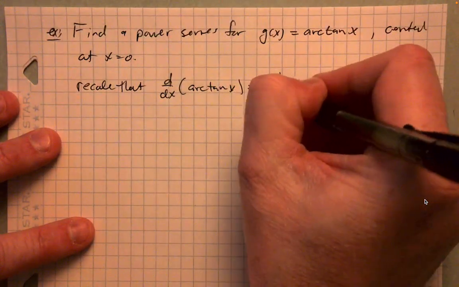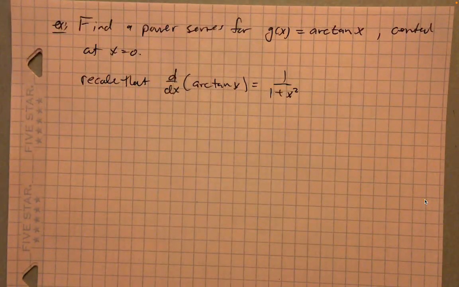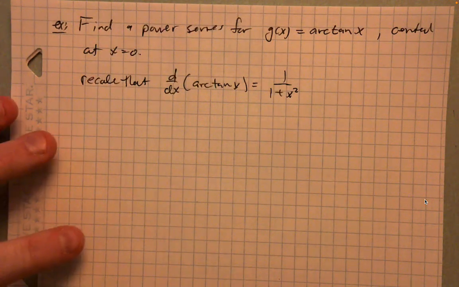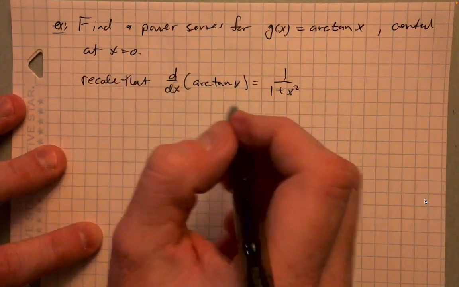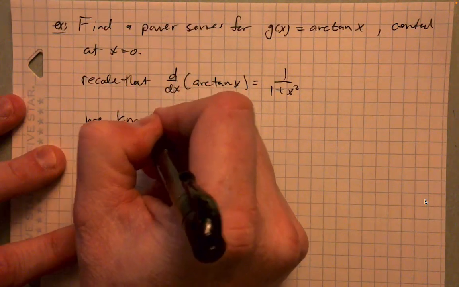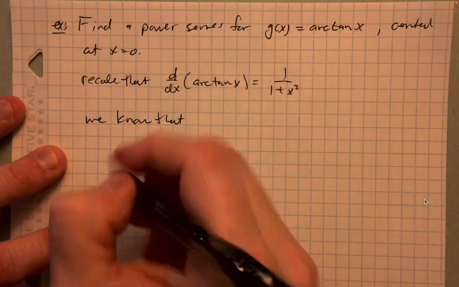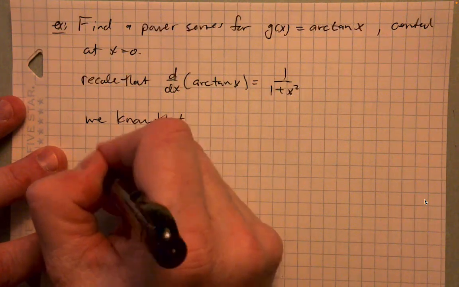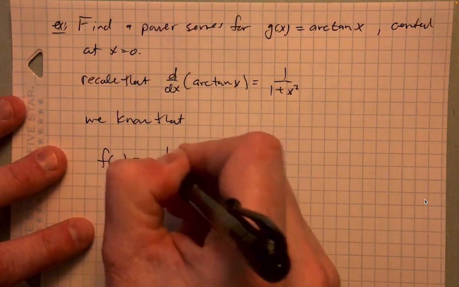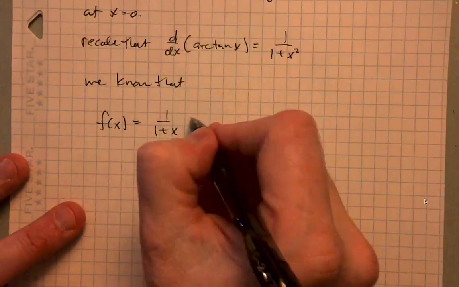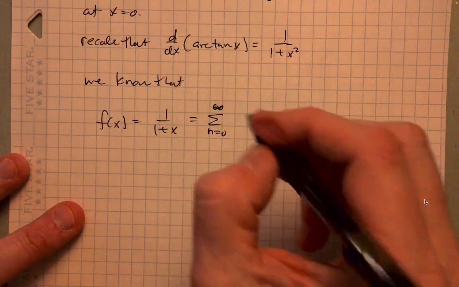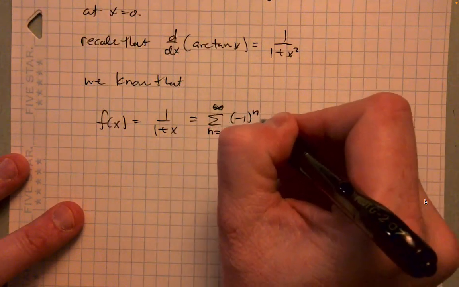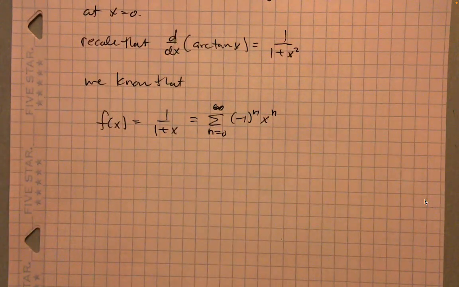1 over 1 plus x squared. You can look that up if you don't recall it, but it is the case. And so we know that if we have f of x equal to 1 over 1 plus x, that's equal to the sum from n equals 0 up to infinity of negative 1 to the nth power times x to the nth power.